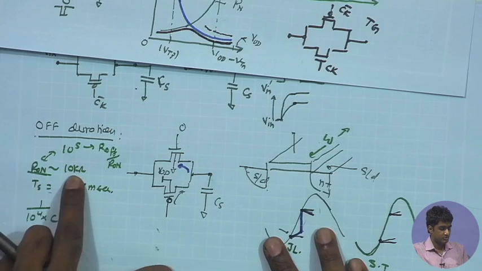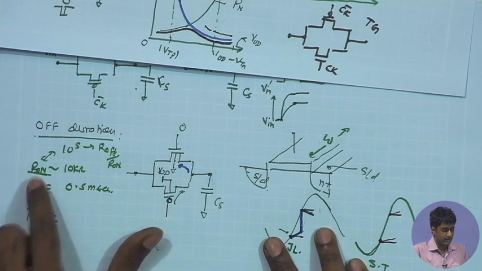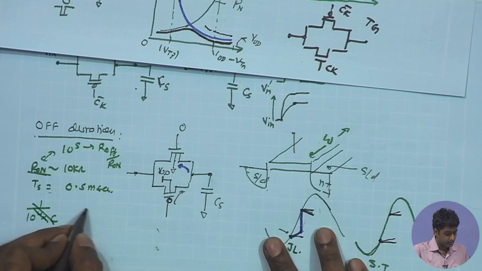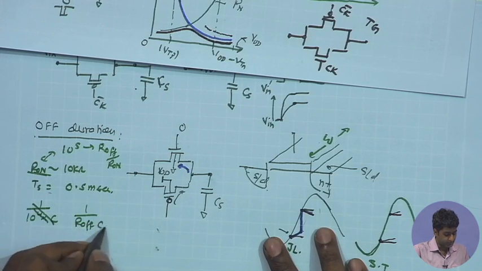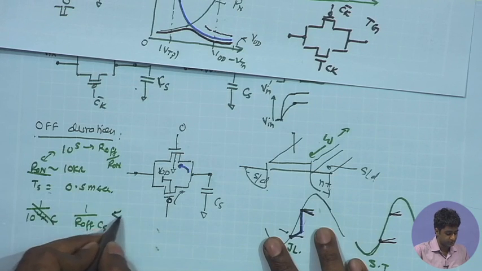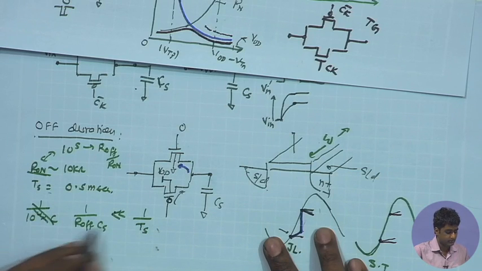So, if the R on is 10 to the power of 4, R off can be 10 to the power of 9, and hence I must make sure that the R off times the Cs, that is the discharge time constant, is much larger, or in other words the inverse is much smaller than the sampling duration Ts. That is the condition we must make sure we are having.